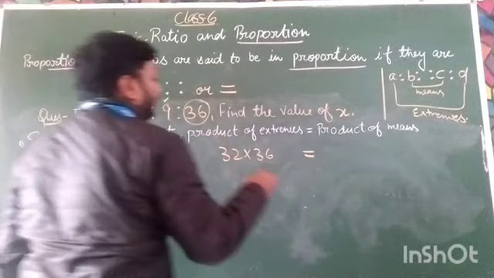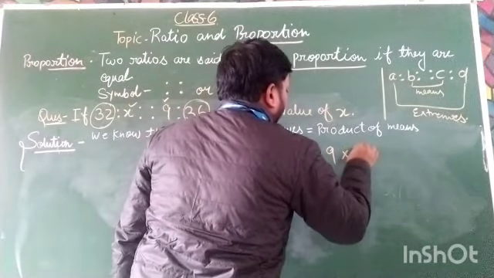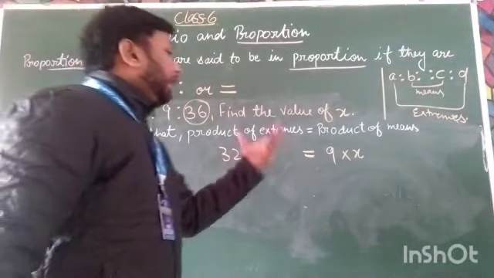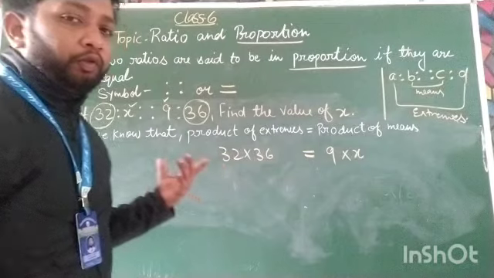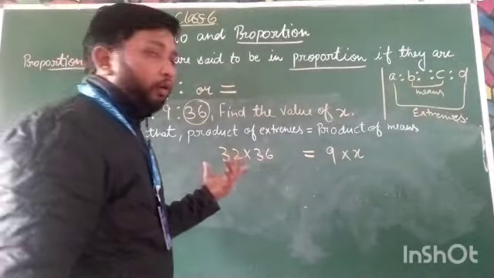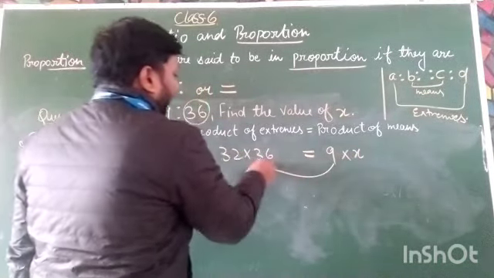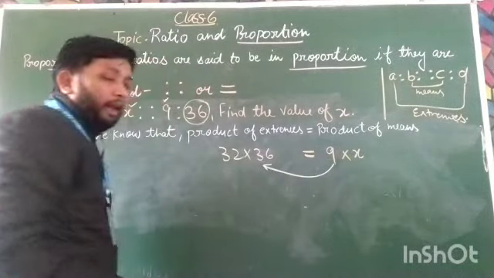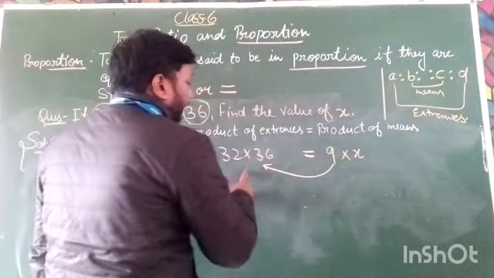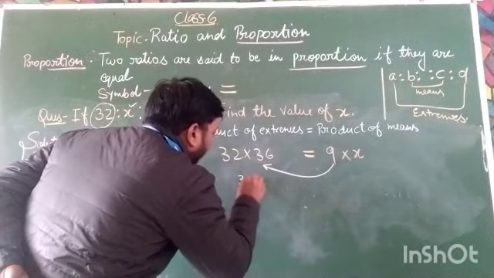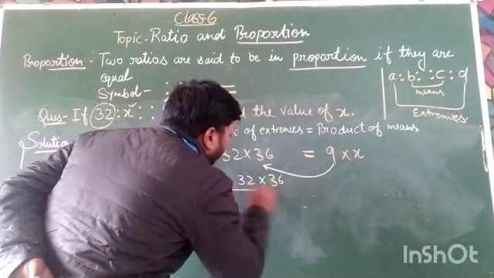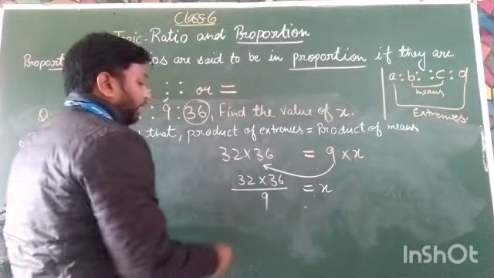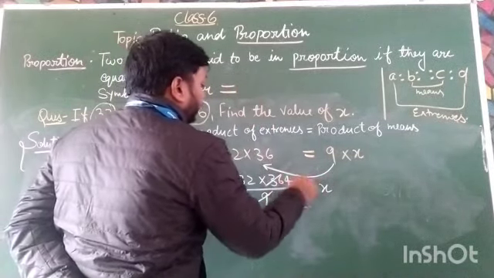So we multiply 9 into x, and this becomes a linear equation. And how do we solve a linear equation? We transpose 9 from there to the other side, and this becomes 32 into 36 divided by 9, equal to x. 9 ones are 9, 9 fours are 36.